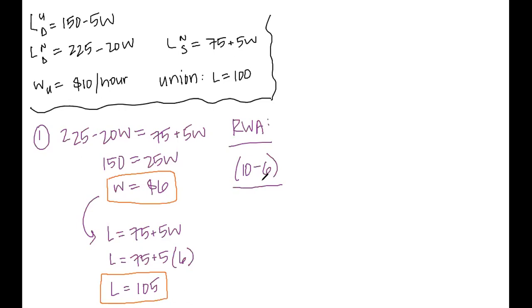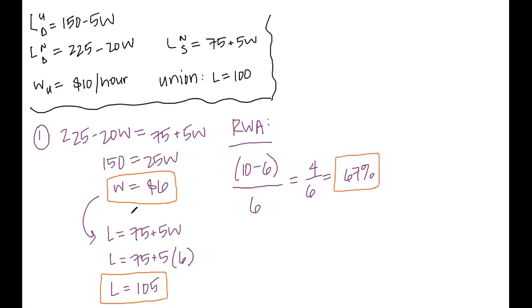The advantage is going to be a percentage, but we have to set it up as a fraction. So it's going to be the difference in the numerator and then the non-unionized wages in the denominator. This gives us 4/6, which we know is 67%. So what this number says is the union sector is earning 67% more than the non-unionized sector.